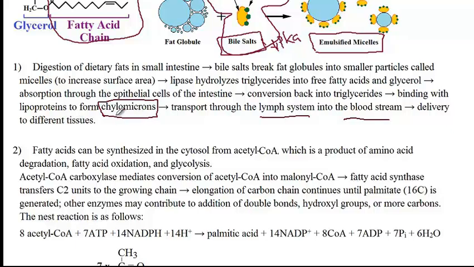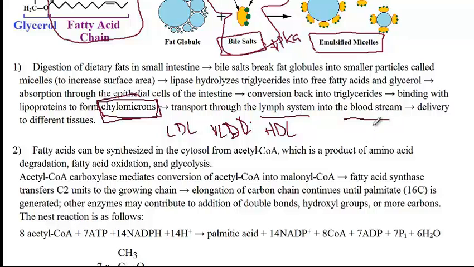We are going to cover different lipoproteins and their function in distribution to different body parts, like LDL, VLDL, HDL, and so on. But here what I would like you to know is that the chylomicron is the lipoprotein in the small intestine that helps transport the triglyceride through the lymphatic system and the bloodstream.